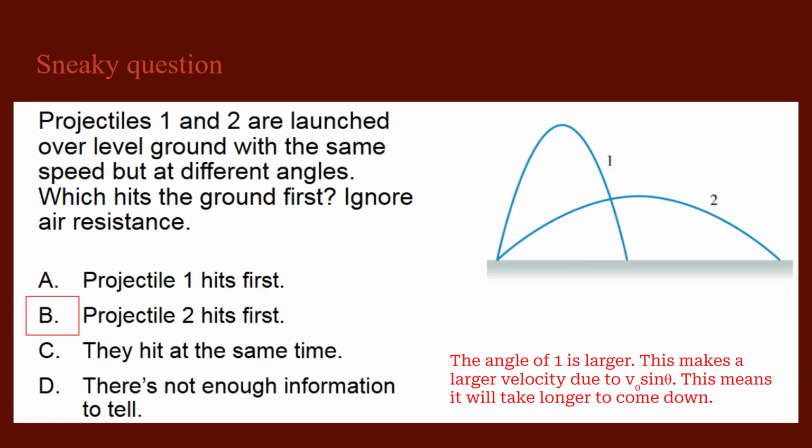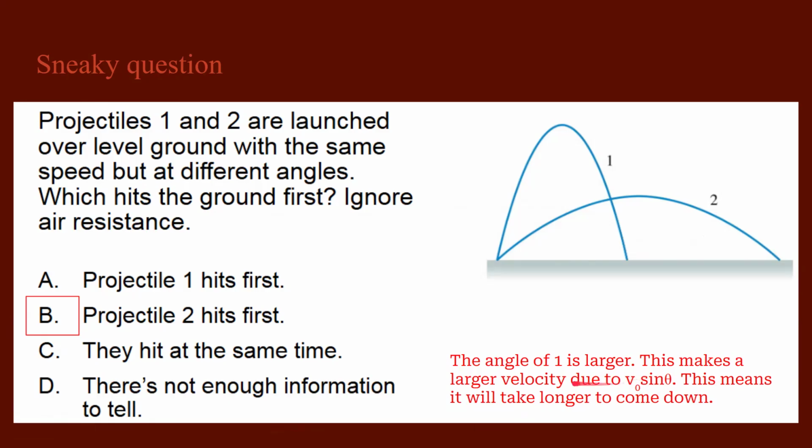And if you don't believe that, to find that velocity, it's going to be the initial velocity times sine of the angle. A higher angle is going to make this whole value, sine of the angle, larger. And when multiplied by this, it's going to be a larger value.